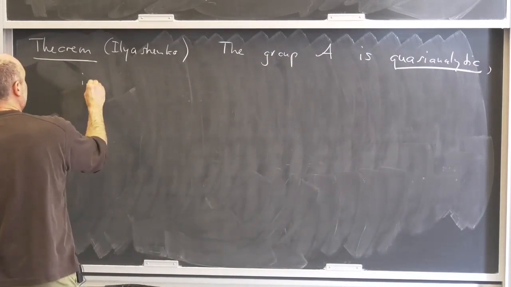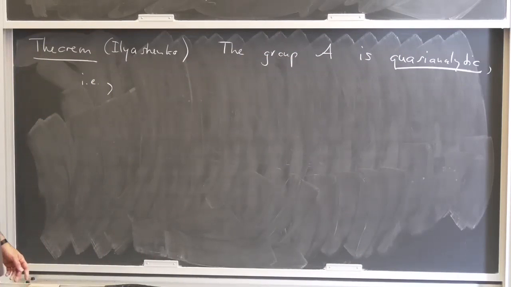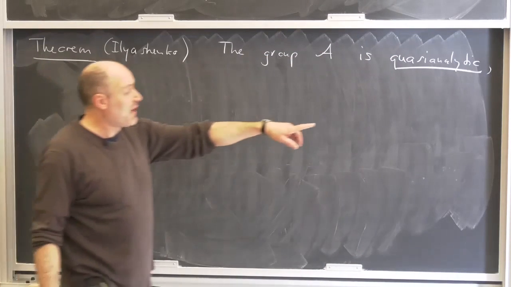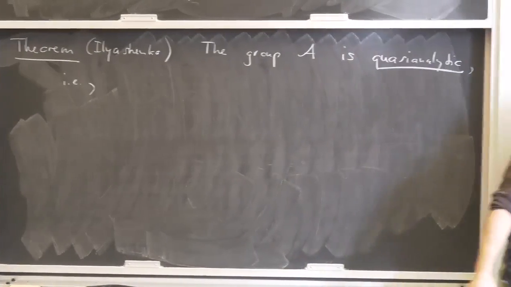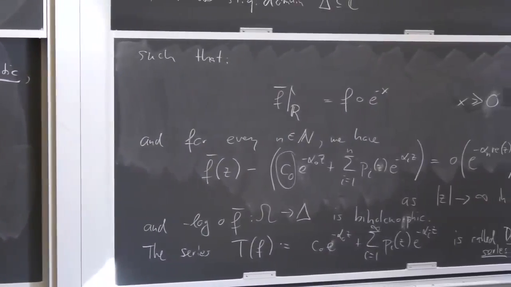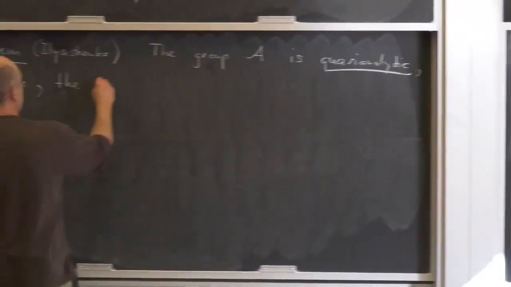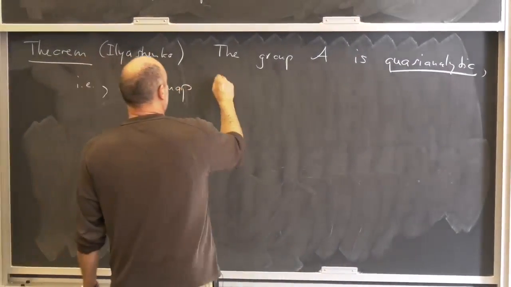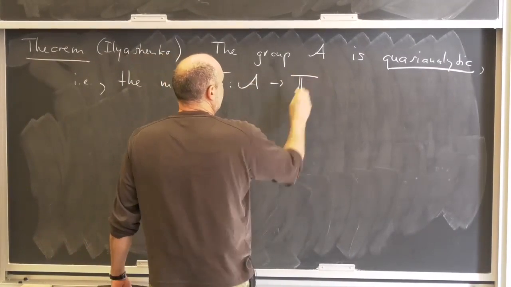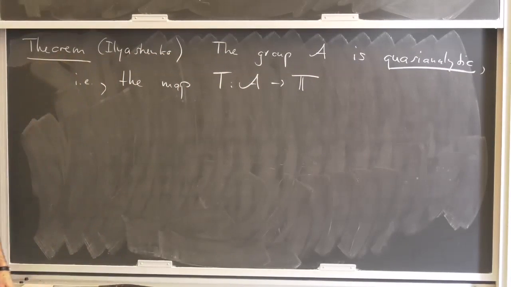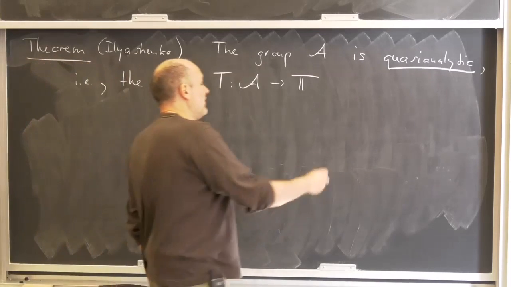Which means the map T, right? So we have this map T, which sends each of the germs to its Dulac series, from A into, well, for lack of anything smaller, just call it the transseries. There's a map into the transseries.